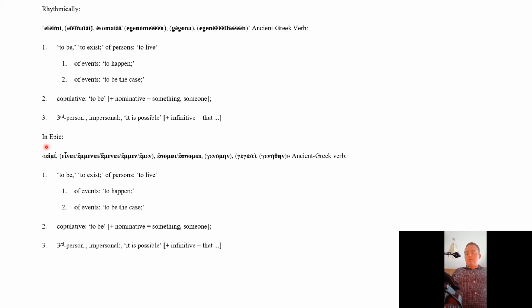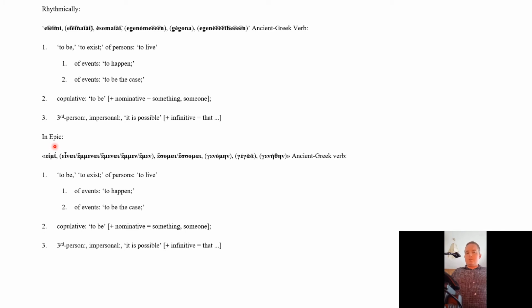And here we have an older dialect than either the Koine of the 1st century CE, which is what the New Testament is written in, and older even than Attic, which was used in Athens, I think circa around 500 BCE.